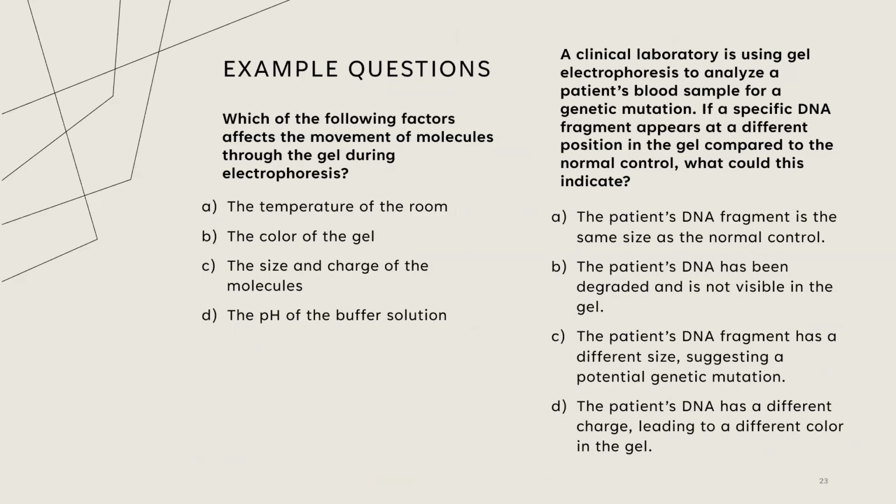All right, our questions relating to this topic: which of the following factors affects the movement of molecules through the gel during electrophoresis? Before we even look at the choices, the first thing is going to be the electrical current, and that's going to move our negative DNA to our positive end.